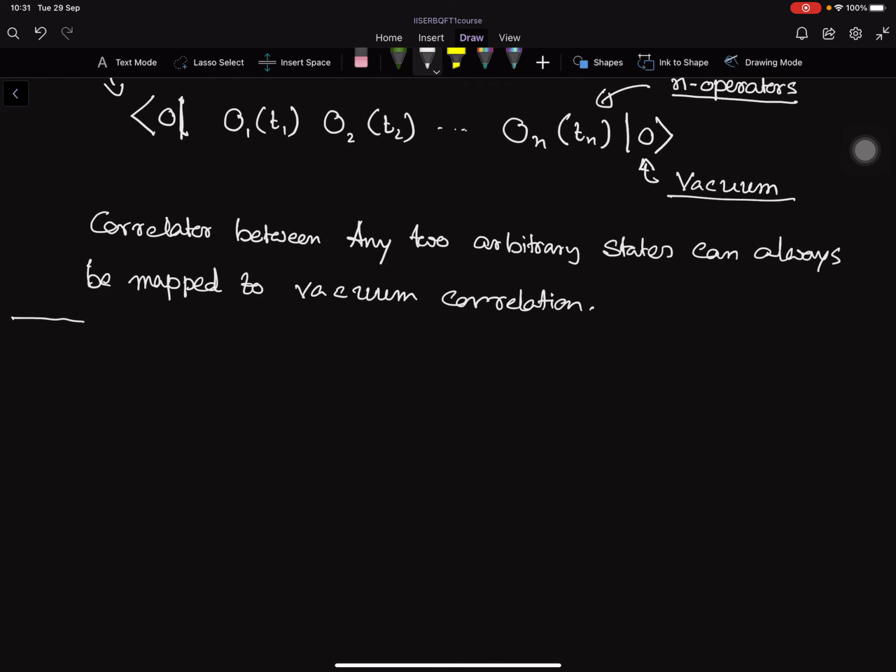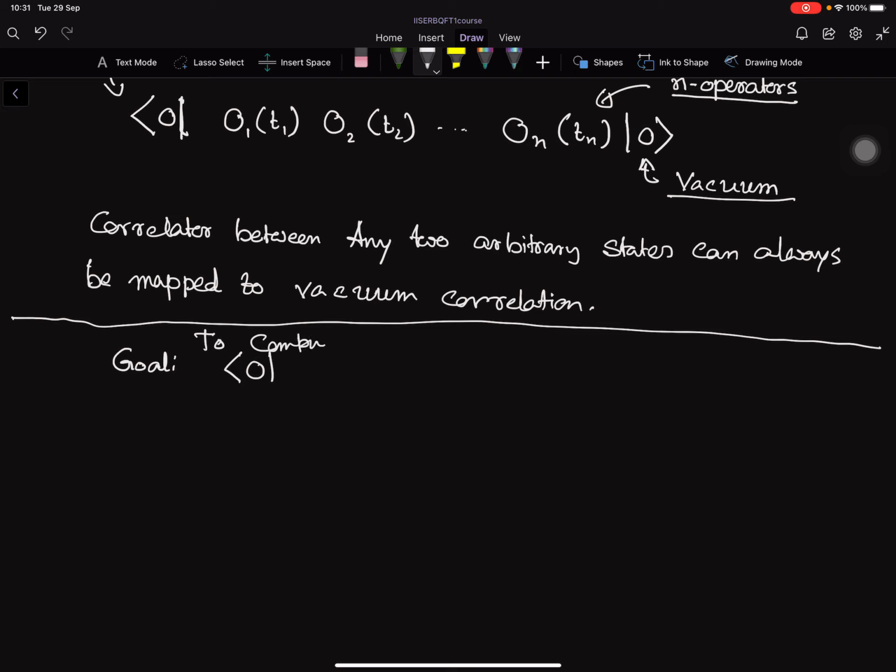Okay, so now our goal is to compute this. Let's start with a simple example.